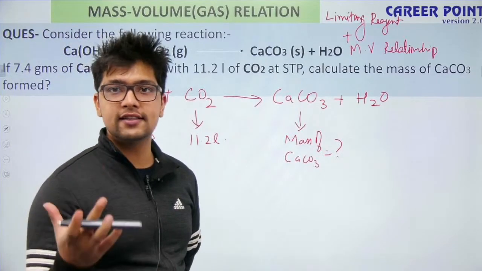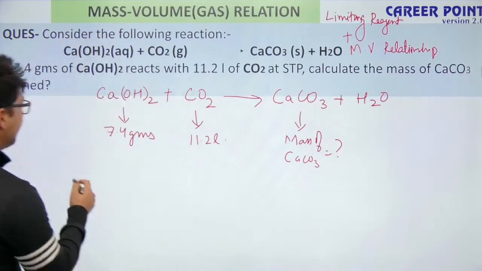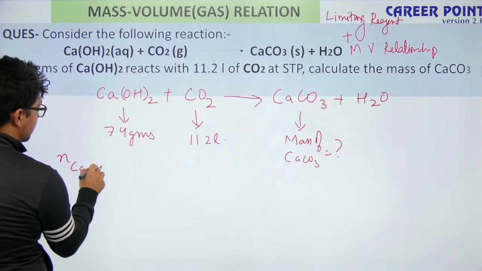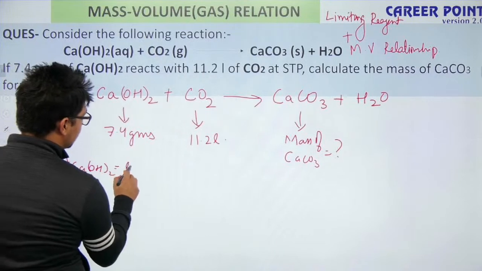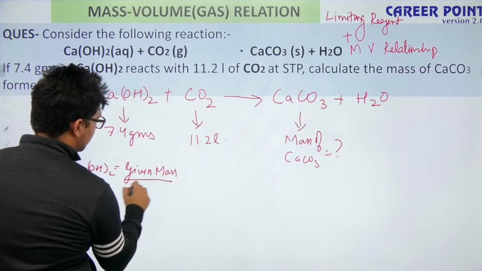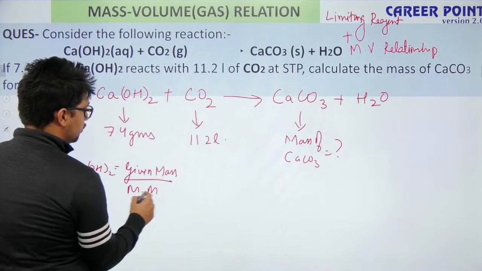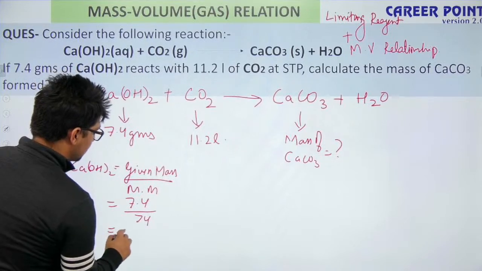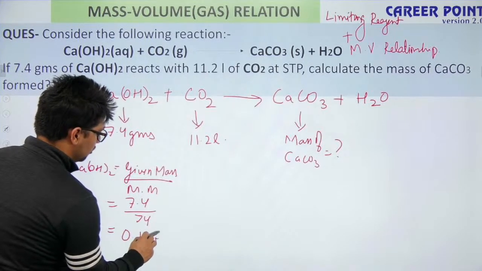First, we have to find the limiting reagent. What I will suggest is go for the moles. The number of moles of calcium hydroxide is given mass upon molar mass, which is 7.4 divided by the molar mass 74, coming out as 0.1 moles.